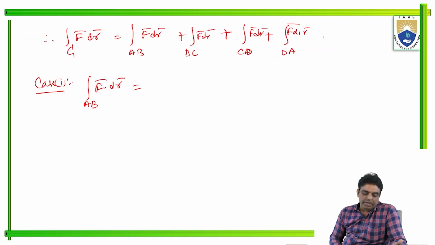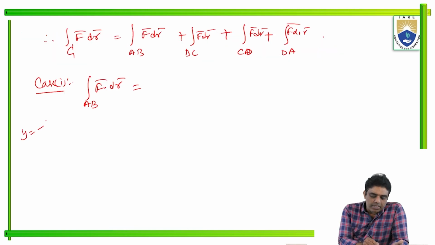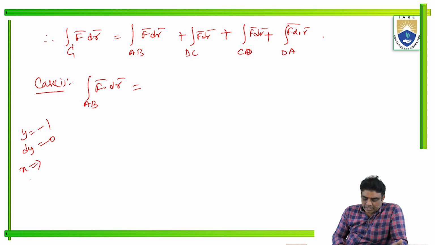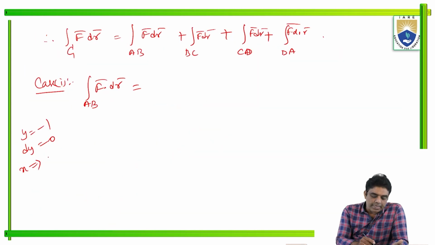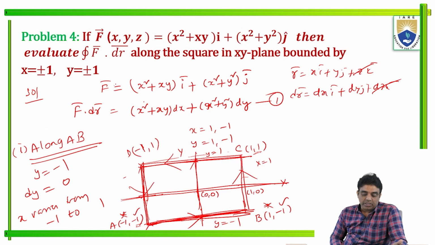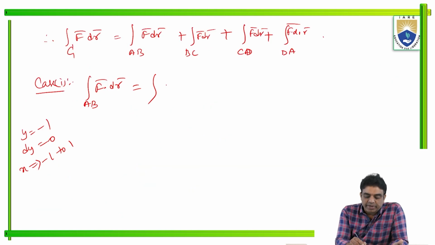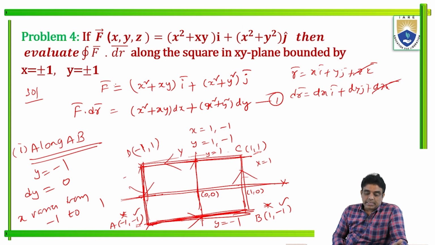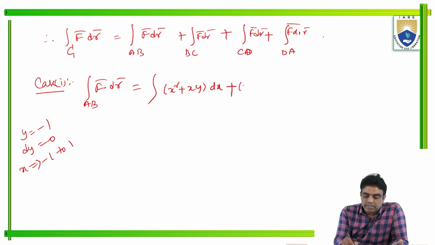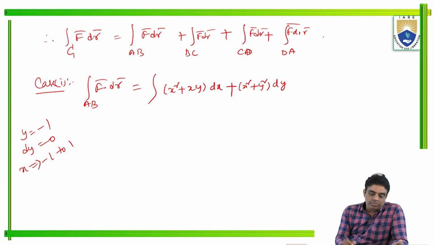So along AB, y is equal to minus 1 and dy is 0, but x is a variable, and x varies from minus 1 to plus 1. So what is F bar dot dr bar? The function is (x square plus xy) dx plus, what is the second term, (x square plus y square) dy.